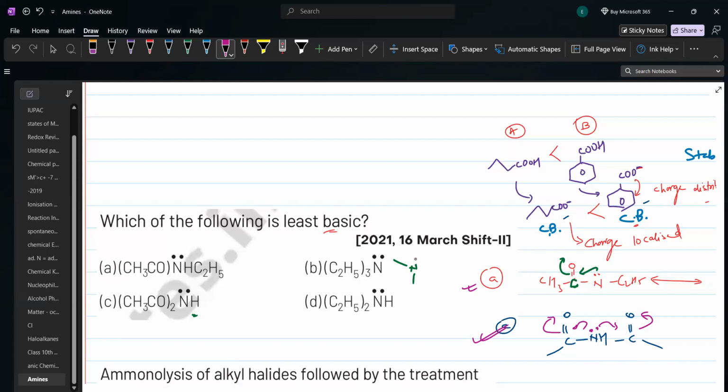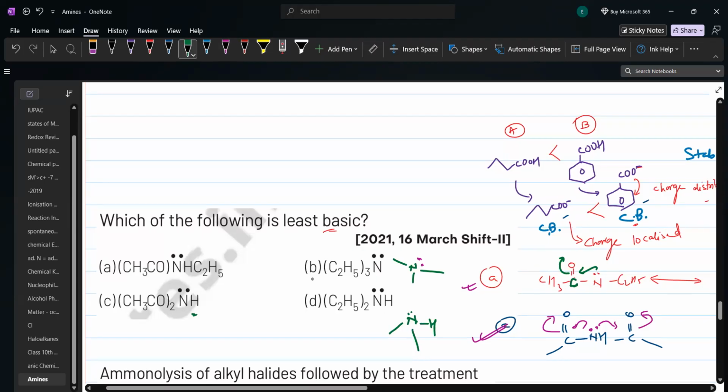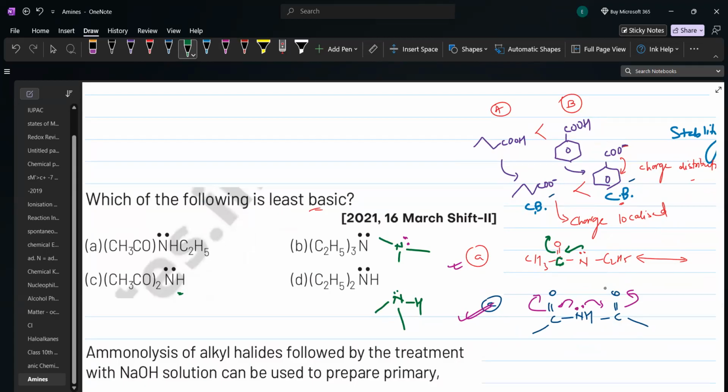In this one there is no delocalization, and in this one also. Sorry, I made a mistake. There are three groups, and in this one only two groups, one H. Now are all these four diagrams clear to you? Yes, sir.